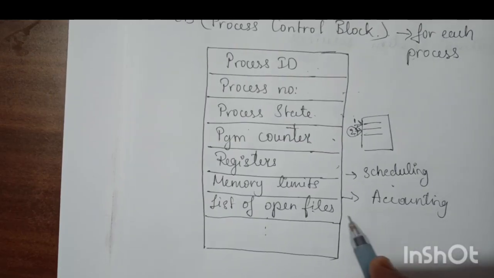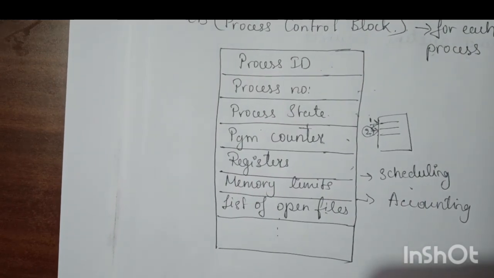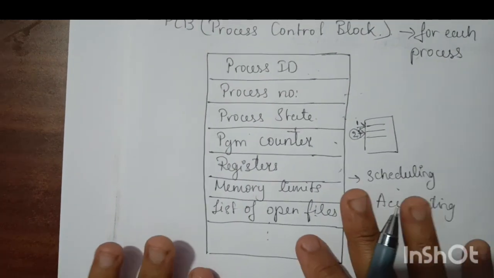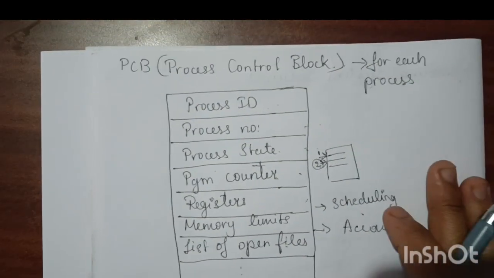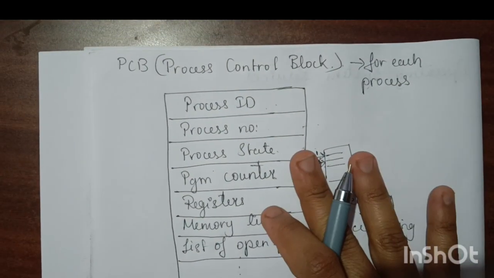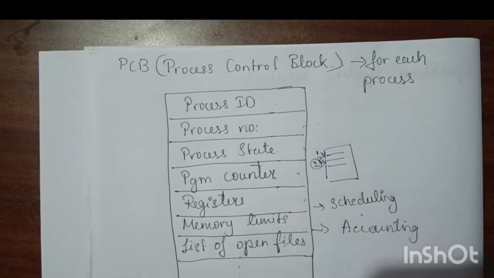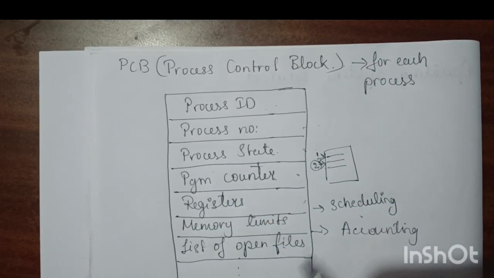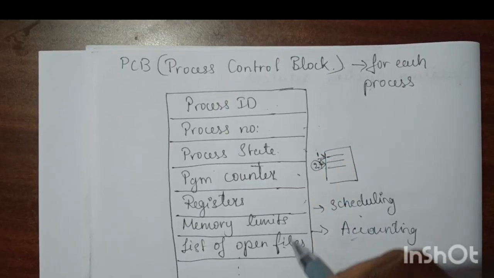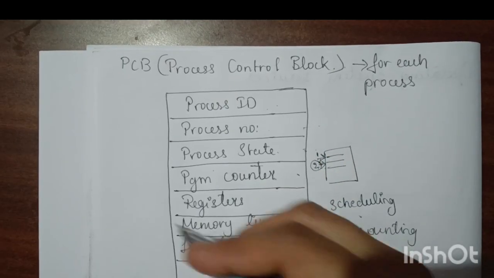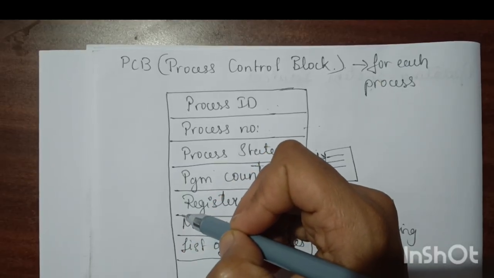How many files it has opened, how many it has closed, all that will be recorded in your process control block. In the exam, if it is asked, you just define all of these, along with the CPU scheduling and the accounting. Then you are supposed to gain the complete 10 marks.